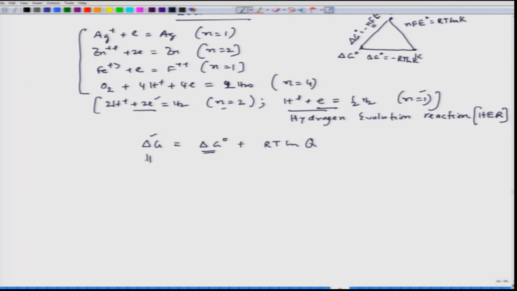Now, we can write it as minus nFE equal to minus nFE0 plus RT ln of activity of C to the power c, activity of D to the power d, divided by activity of A to the power a, activity of B to the power b.